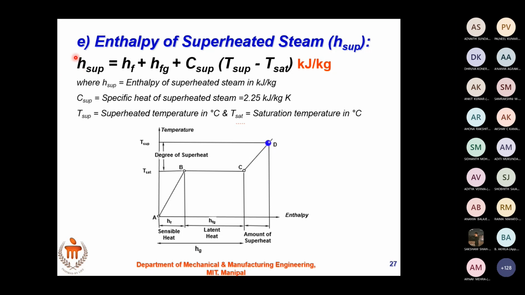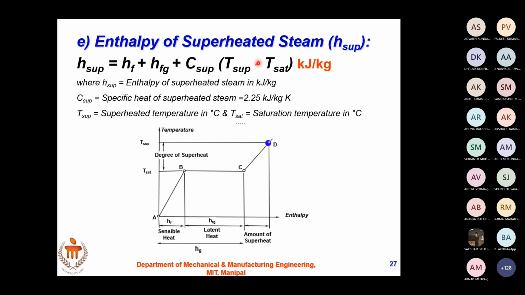It is given by this formula. H suffix SUP represents superheated steam. The specific enthalpy of superheated steam equals HF, which is the sensible heat part, plus the latent heat part HFG, plus the amount of energy added to the saturated steam.